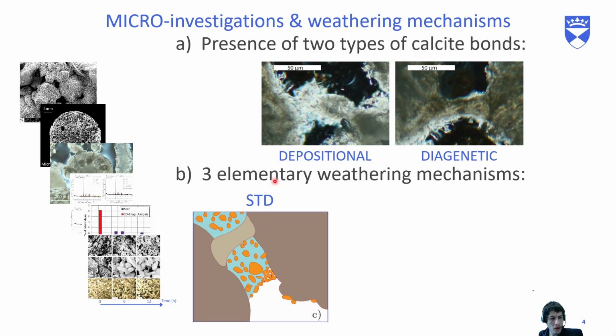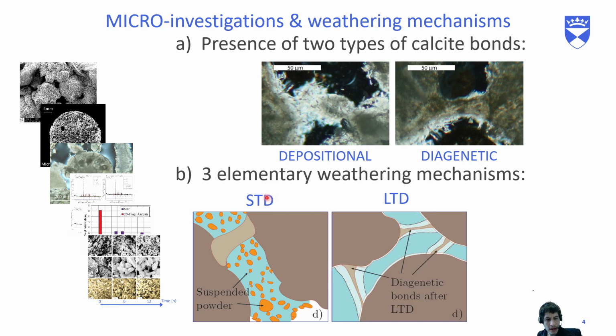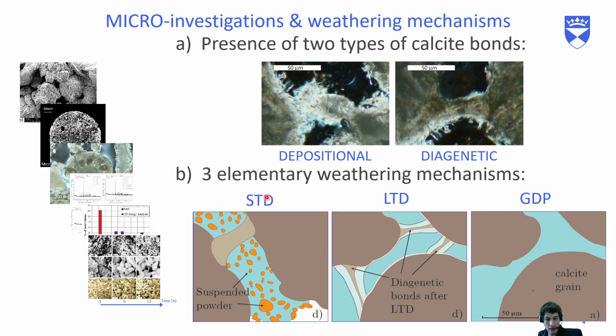And then in the long term, with prolonged interaction with the water, the diagenetic bonds could dissolve and become thinner, so decreasing the strength of the rock. And finally, with even more prolonged contact with pore water fluid, a grain dissolution process could evolve.